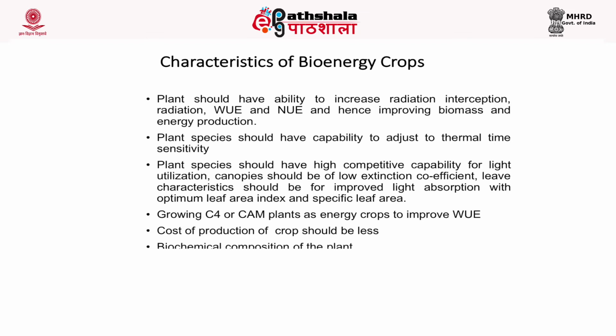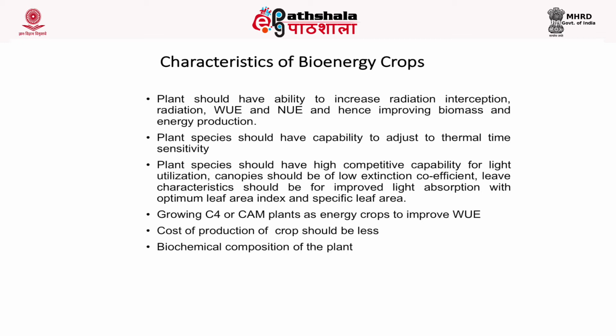The plant species should be able to adjust to thermal time sensitivity, and should have high competitive capability for light utilization. Canopies should have a low extinction coefficient. It should have leaf characteristics with improved light absorption, with optimum leaf area index and specific leaf area.